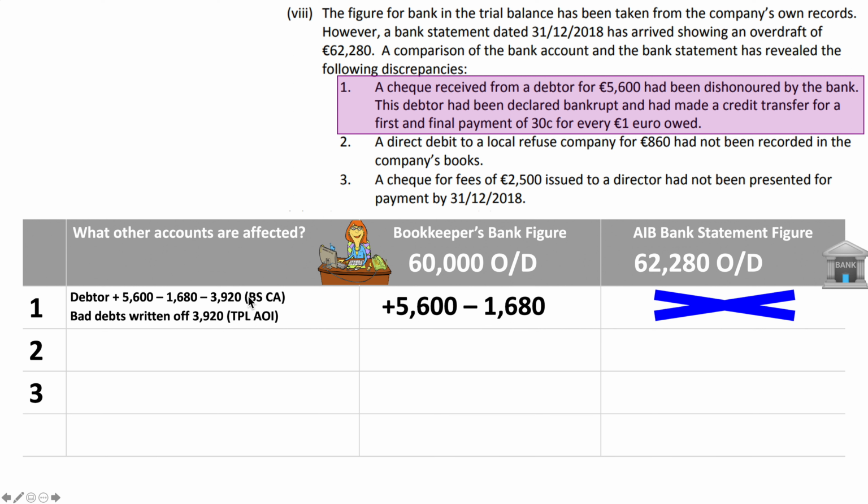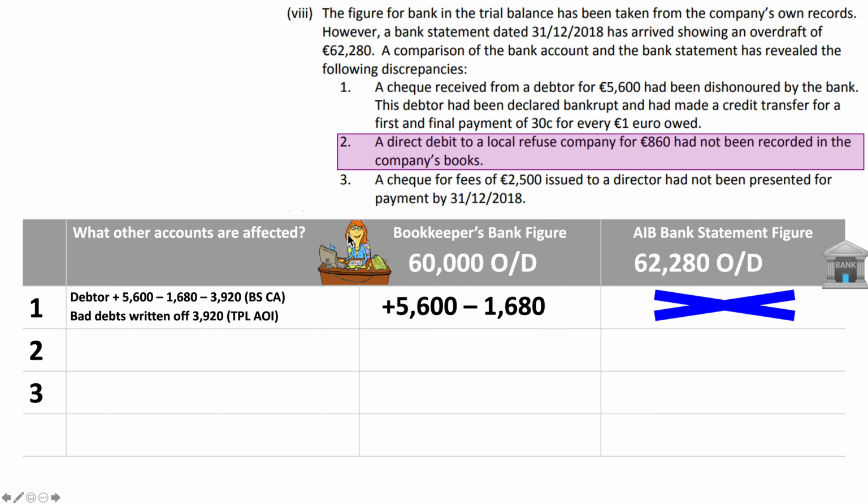So that's the 70 cents in every euro that they're not going to get. So that's going to be bad debts written off, 3,920 there, and that is going to go in, sorry, that shouldn't say operating income, that should say TPL under S&D expenses.